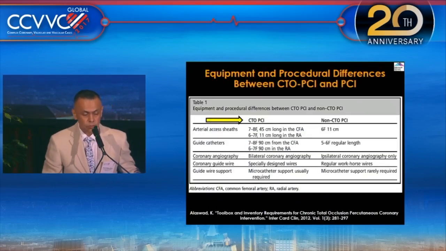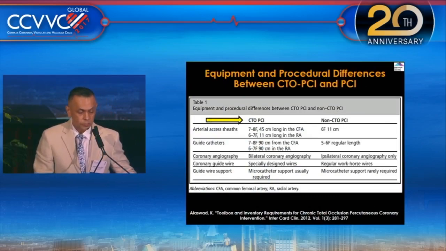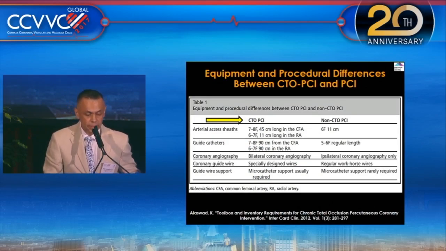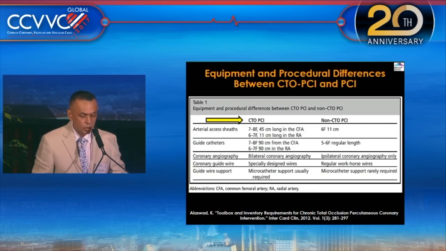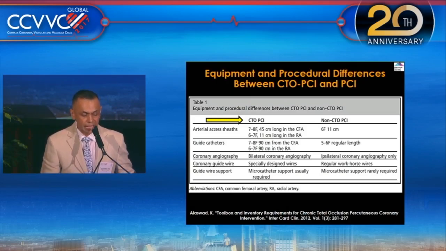Again, for nurses and techs, the people who are setting up these tables: for CTO PCI, the introducers are longer compared to a non-CTO PCI. You start from a 25 cm sheath all the way to 45 and even 60 centimeters, because you need more support, especially if there's tortuosity in the groin or the catheters.